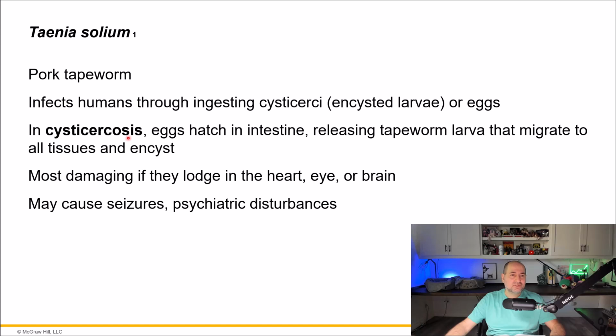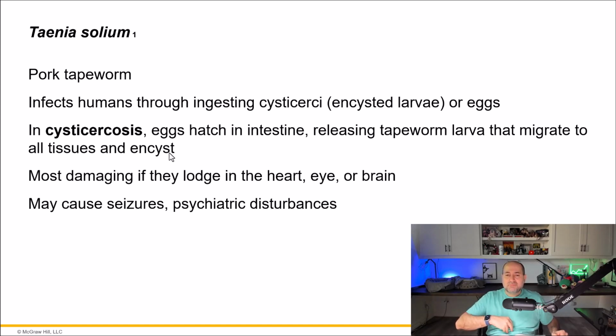In cysticercosis, eggs hatch in the intestine, releasing tapeworm larvae that migrate to all tissues and encyst. Okay, this is not good, because unlike the beef tapeworm, when the pork tapeworm is re-ingested, let's say you ingest pork tapeworms. The first tapeworm will probably reside in your guts and it'll become an adult, right?